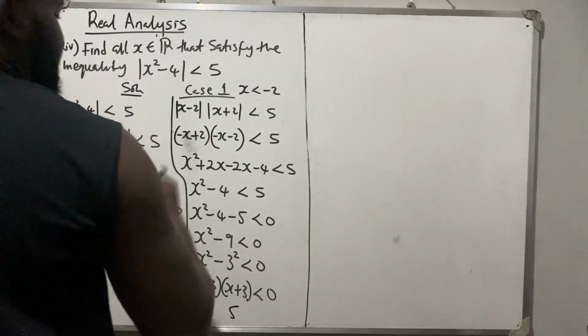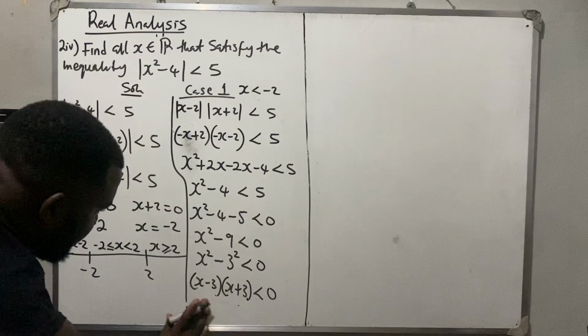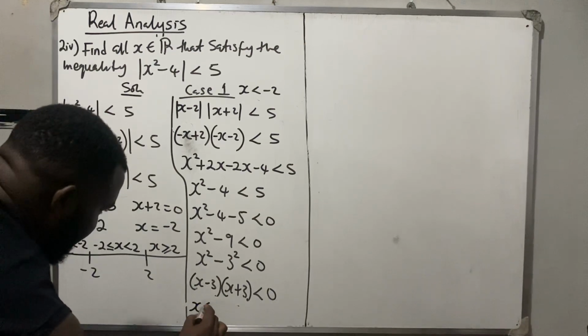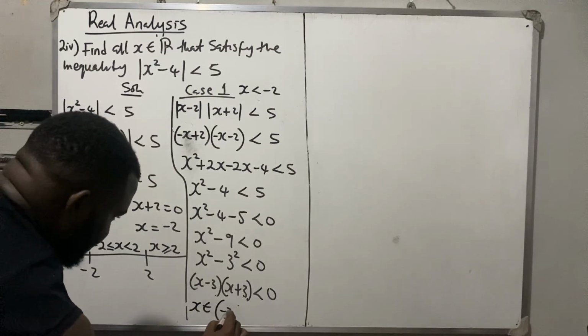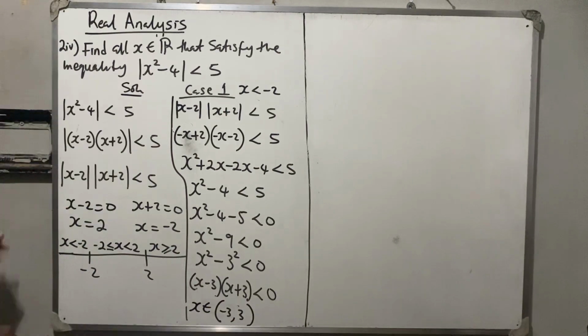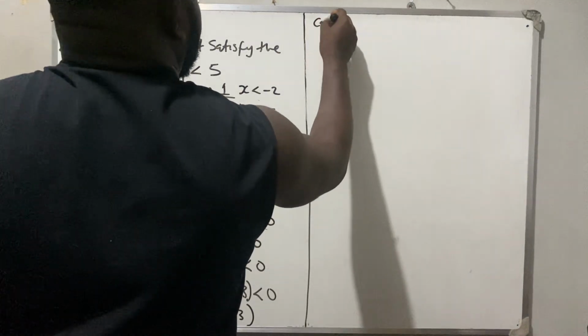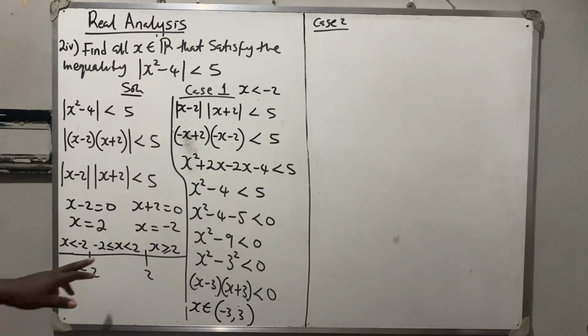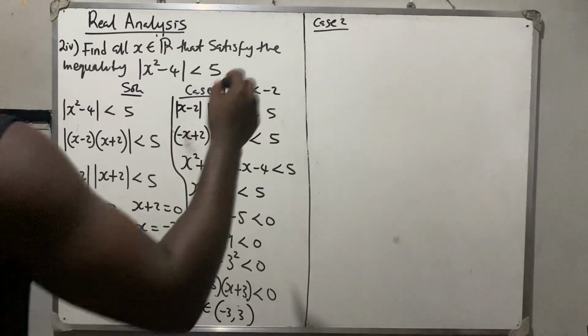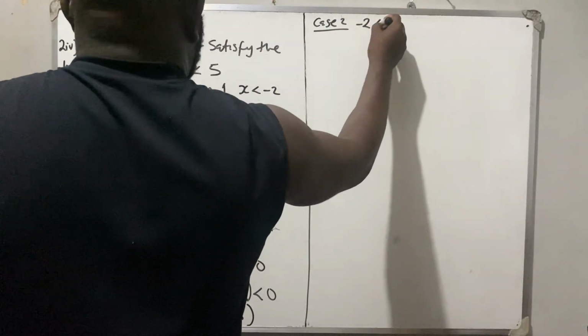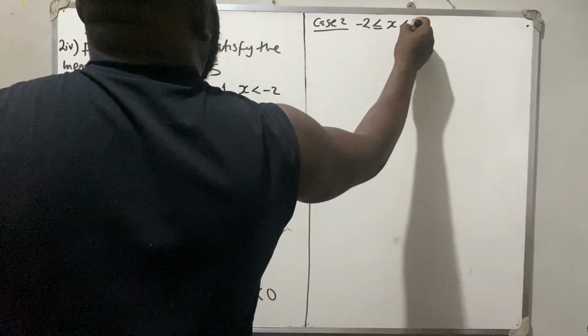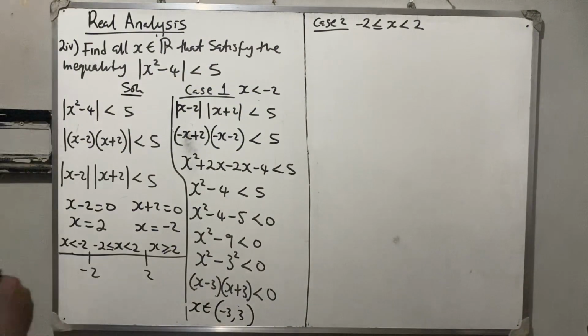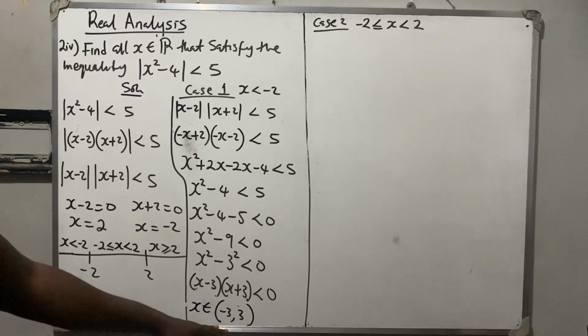So remember, for our case 2, we now have that x is an element of the open interval of -3 and 3. Case 2 is the middle, where we say that -2 is less than or equal to x, which is less than 2. Oh, sorry. In this case, we have to check.